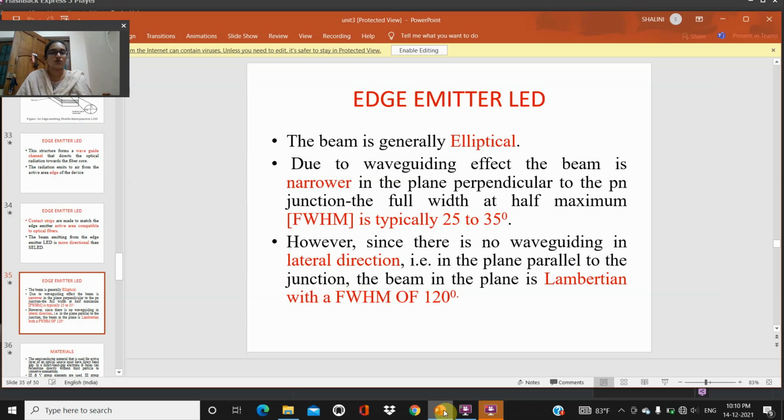However, since there is no waveguiding in the lateral direction, that is, in the plane parallel to the junction, the beam in that plane is Lambertian with a full width at half maximum of 120 degrees. Here there is no waveguiding in the lateral direction, because the plane is parallel to the junction.